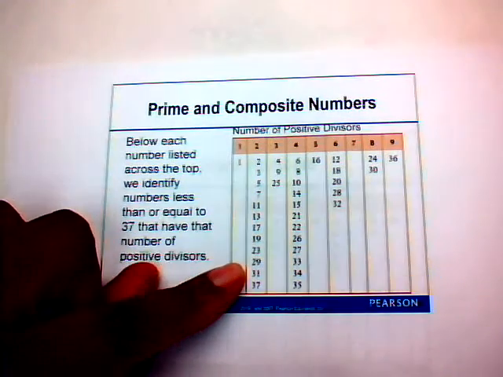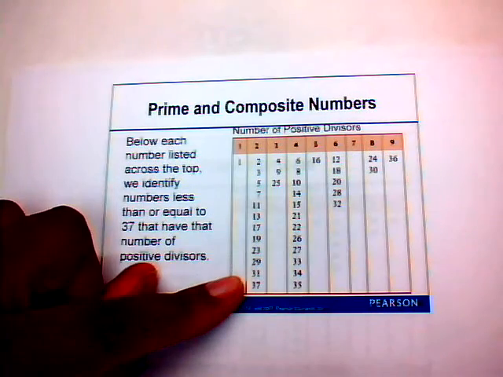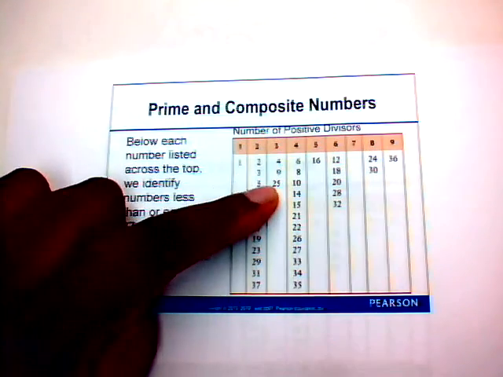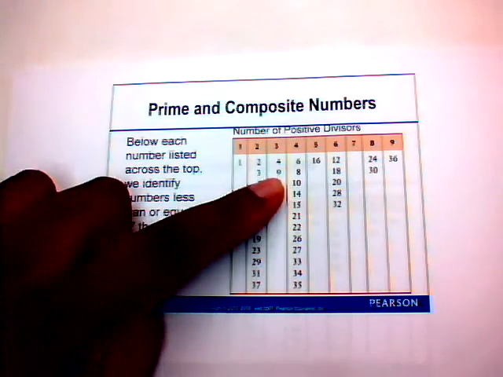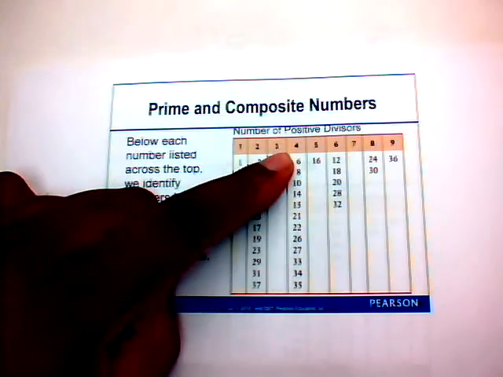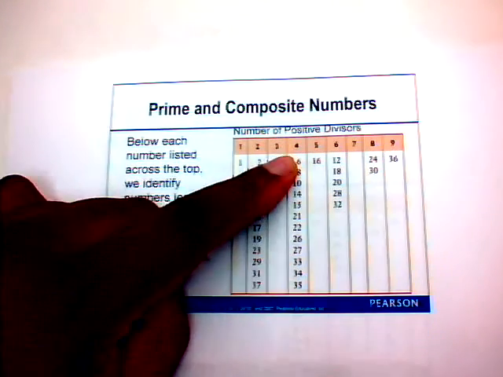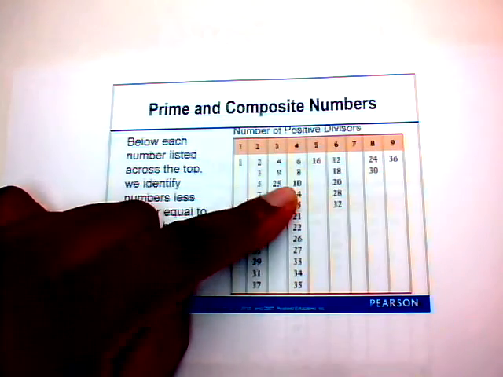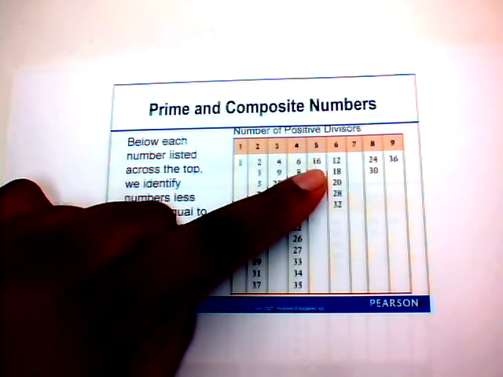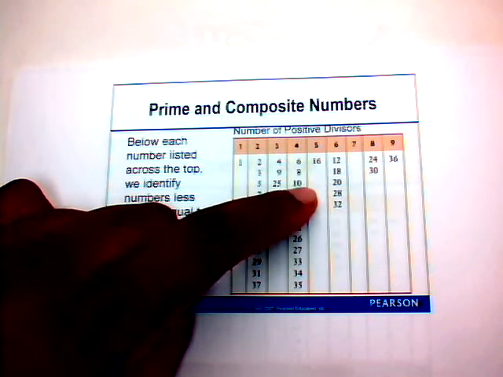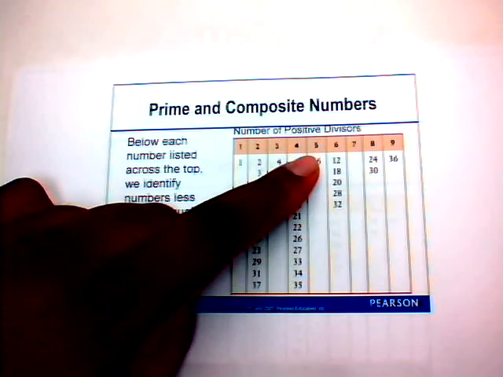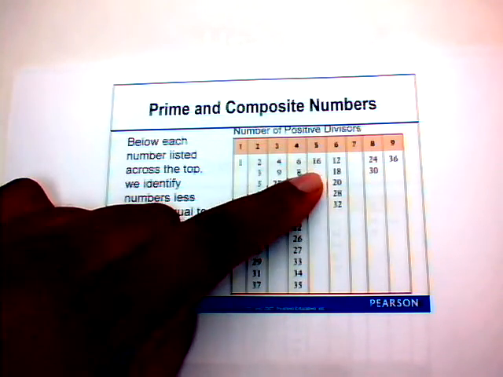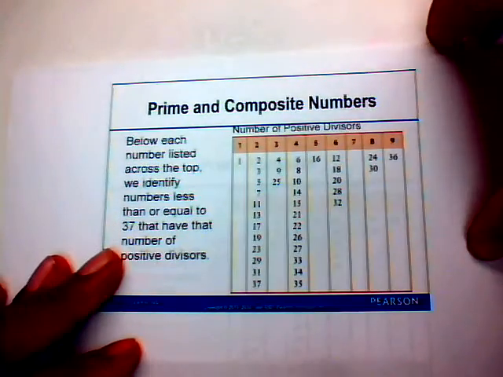As you can see, this list has 2 positive divisors, and this list has only 3 positive divisors: 4, 9, and 25. Then this list has 4 positive divisors, and this one has 5 positive divisors, that's 16, and so on.